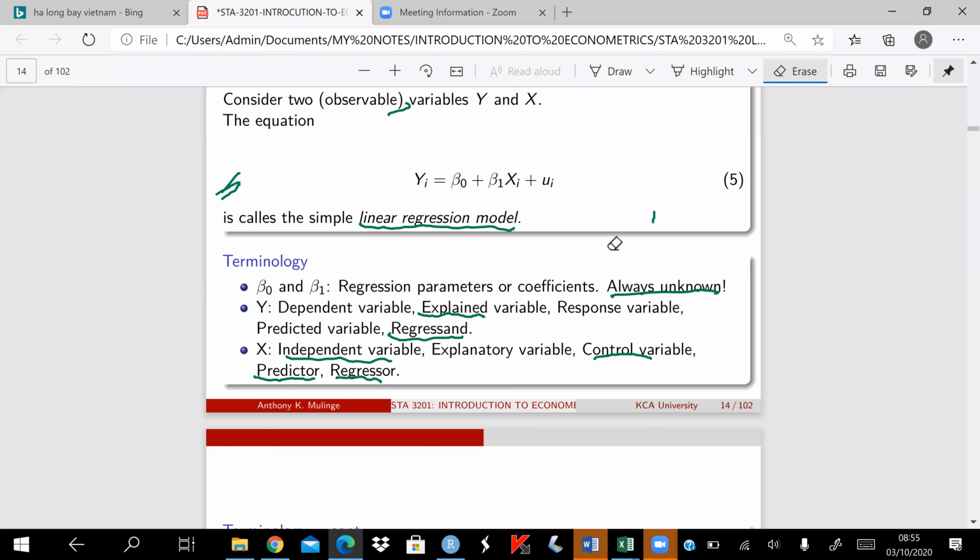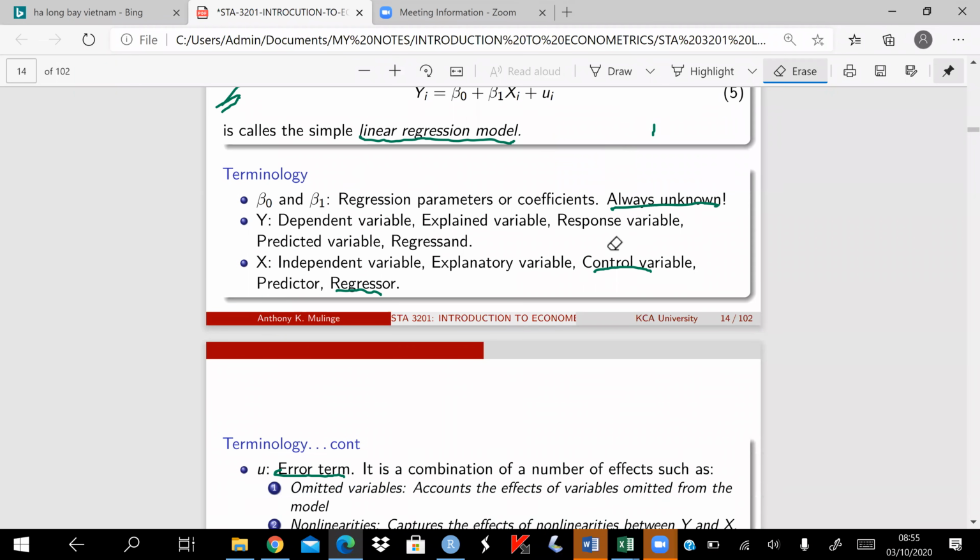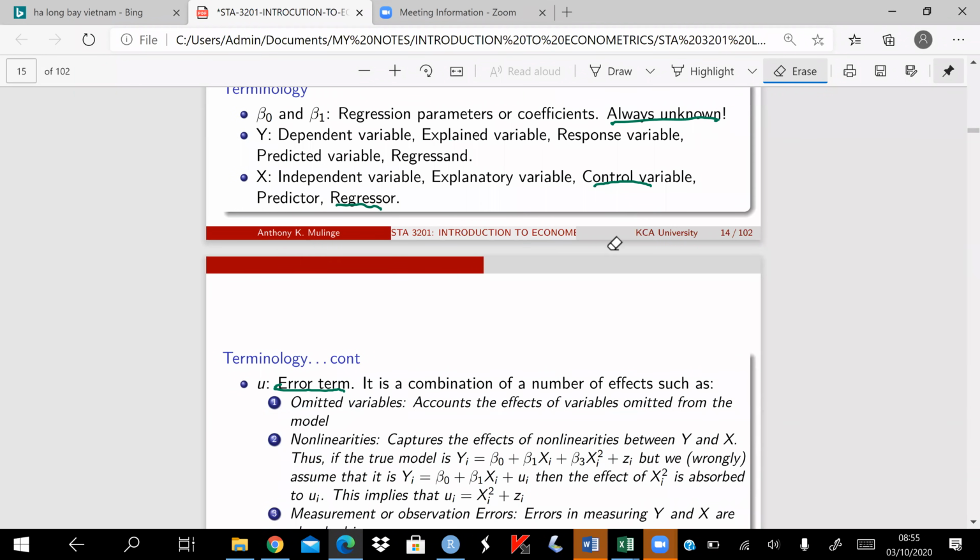So we're saying that it is a combination of several factors, such as explanatory variables that have been omitted in the model.